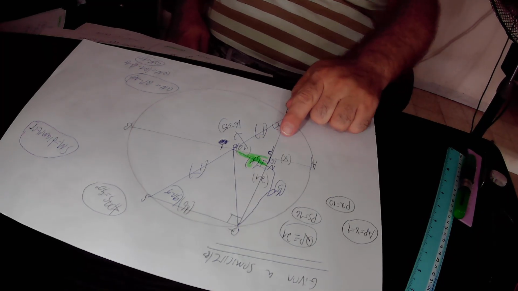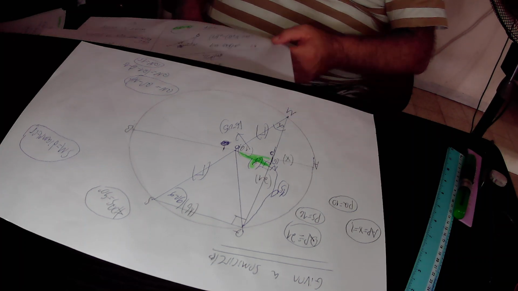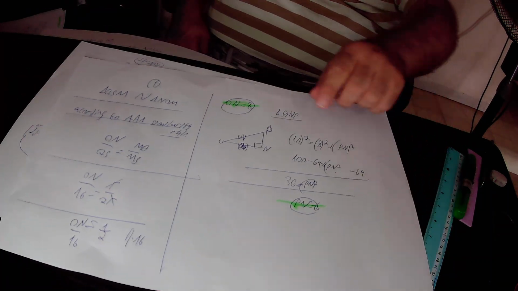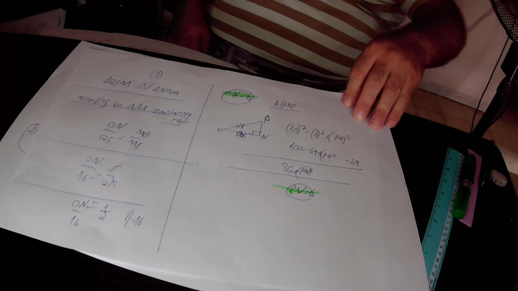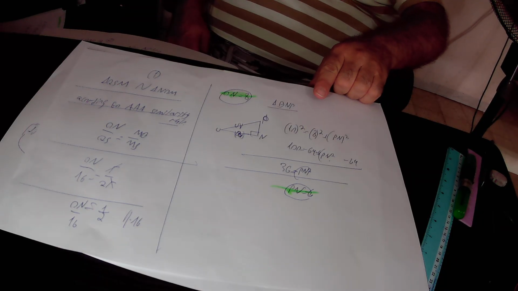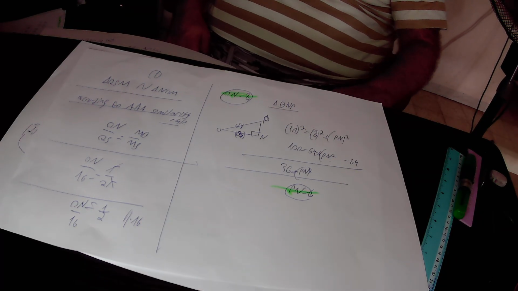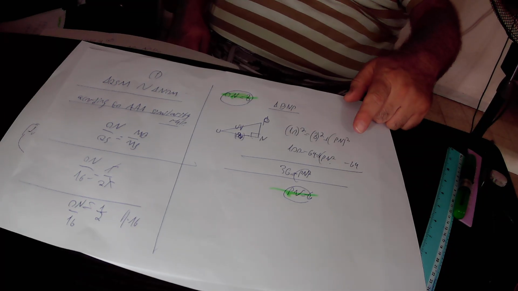In the next step, we copy the small right triangle ONP and implement the Pythagoras theorem on it. This is the small right triangle ONP, a copy from the original drawing. In this small right triangle, the square of the hypotenuse, that is 10 squared, equals 8 squared plus PN squared. 10 squared is 100, equal to 8 squared, that is 64, plus PN squared.